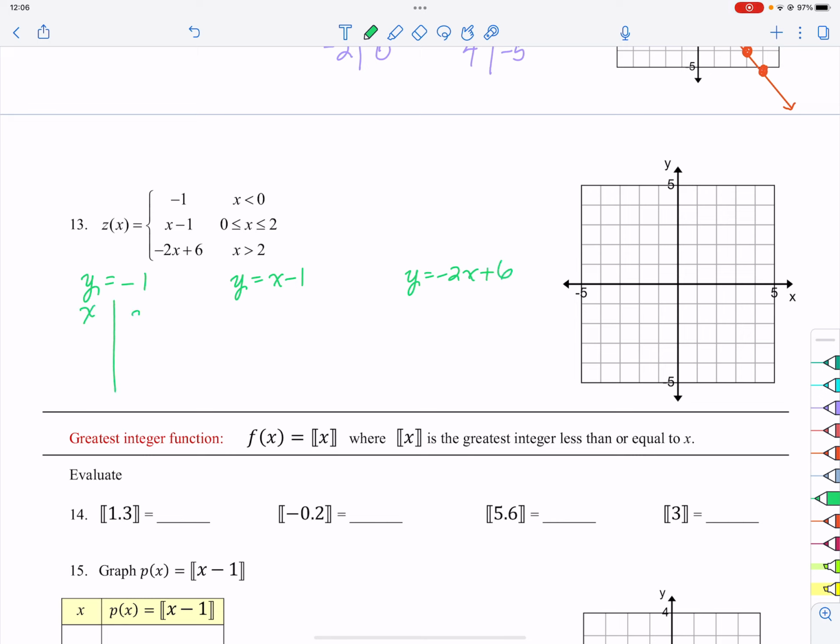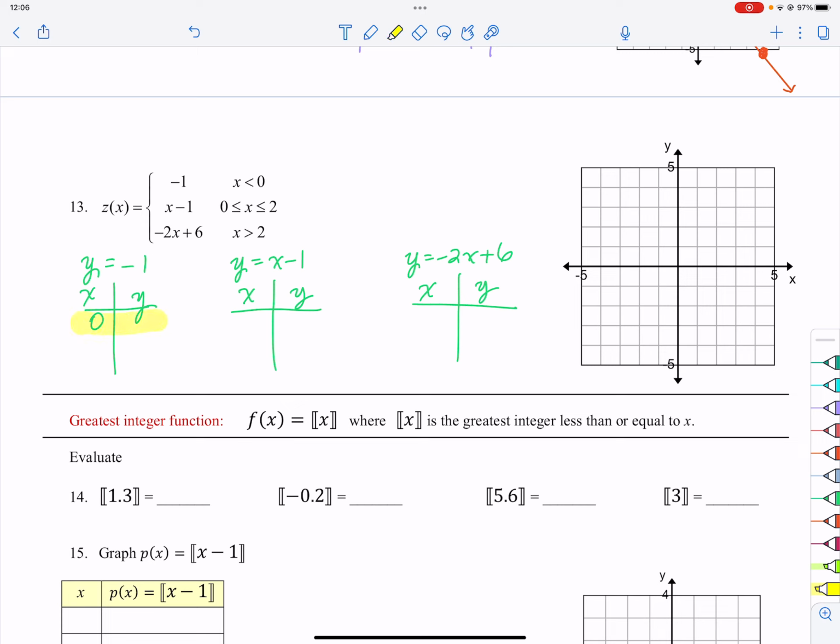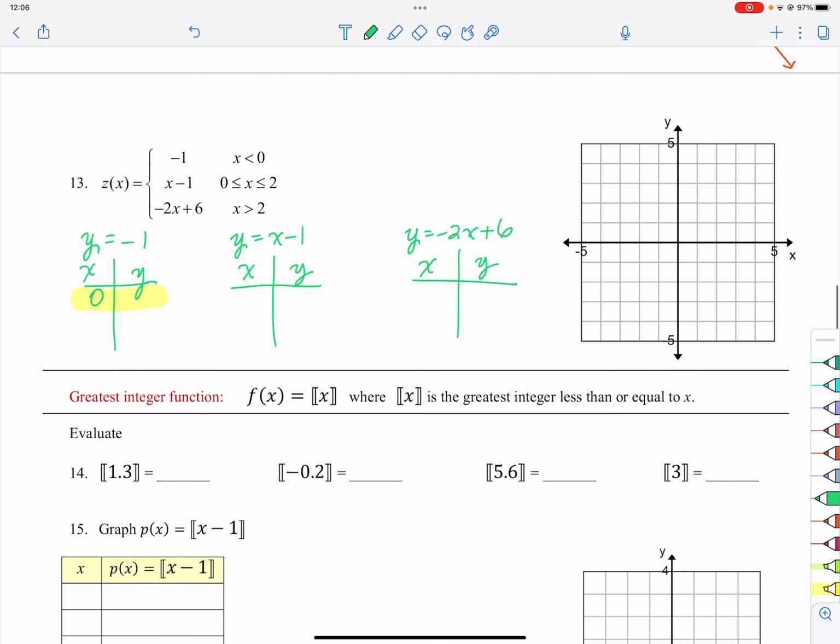We'll just choose some x and y values. These first ones will be less than 0, but we'll put 0 on there. And I will highlight this as our closed point. And less than 0, we'll go to -1 and maybe -2, okay?